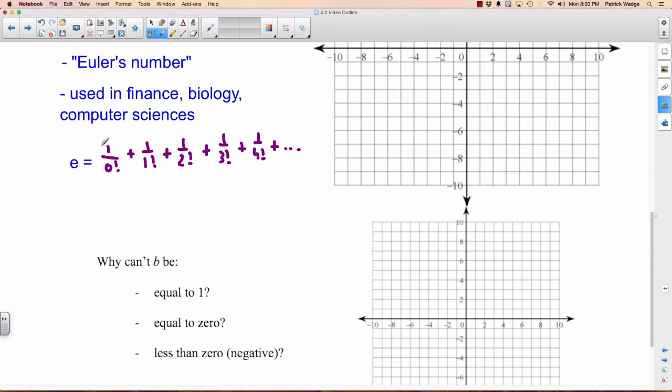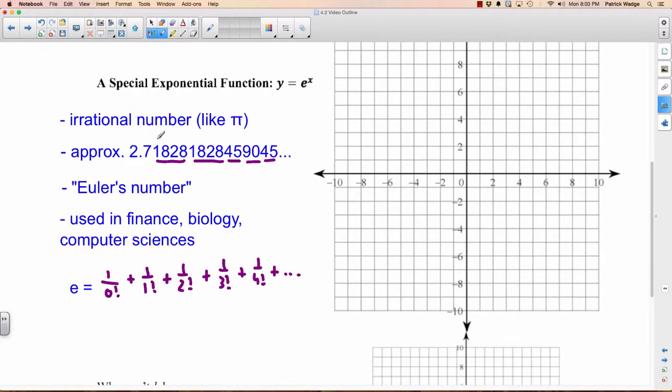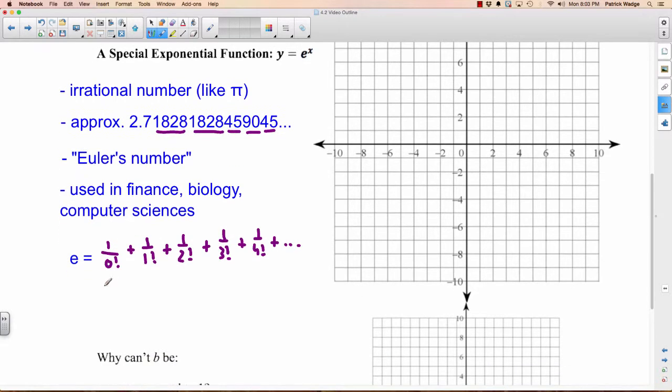For example, this first bit here, what's 0 factorial? Do you remember that? 0 factorial is 1. So 1 over 1 is just 1. Well, that's not very accurate. If the real answer is somewhere around 2.718, and I'm just saying this is equal to 1, that's not very accurate. So 1 plus, what's 1 factorial? It's also 1. So 1 over 1 is another 1, and 1 plus 1 is 2. That's still not very close because we said 2.7. Okay, what's 2 factorial? That's 2 times 1, which is 2, and 1 over 2 is a half.